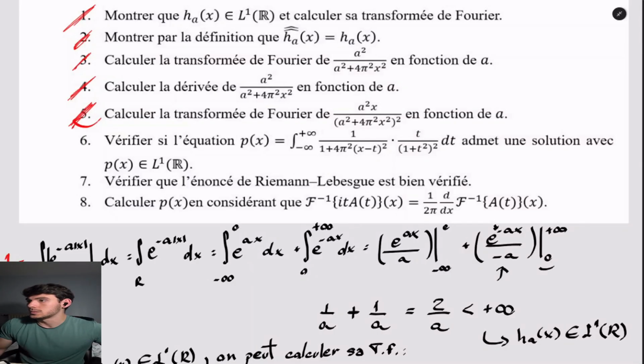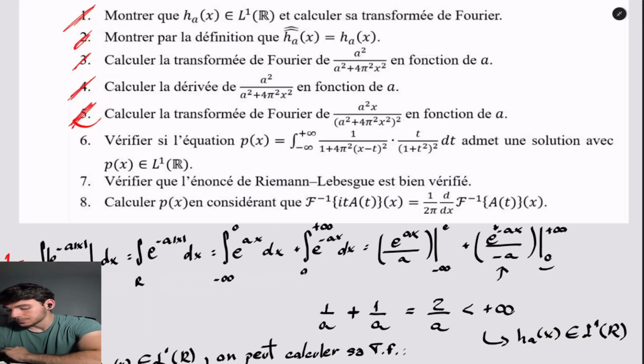Right? So here we have question 6. It asks us to verify if the equation p of x equals that integral has a solution inside L1. If there is a p of x that belongs to L1 and is a solution of that equation.